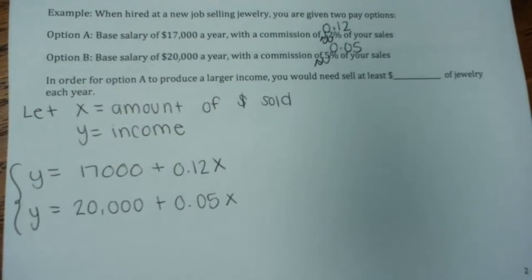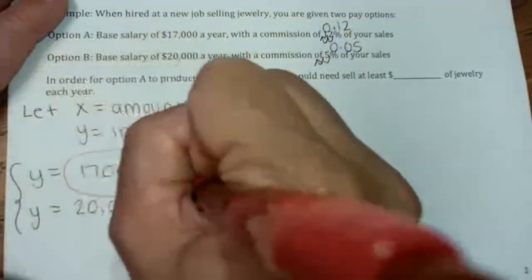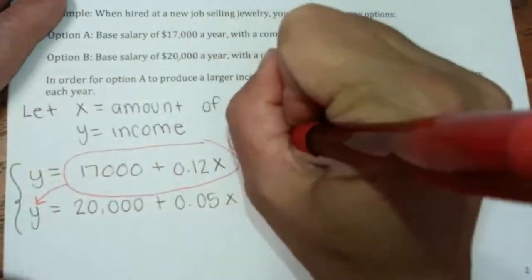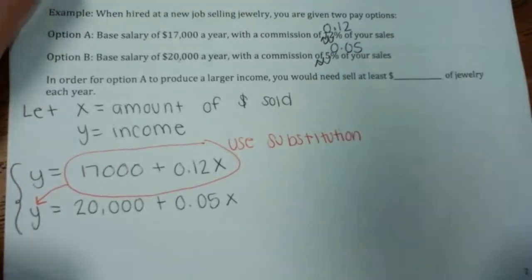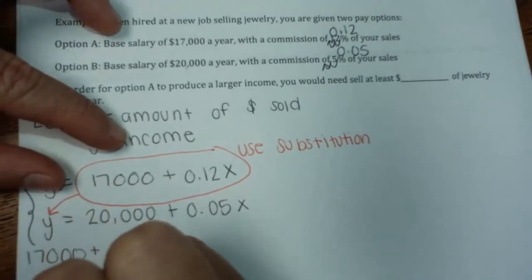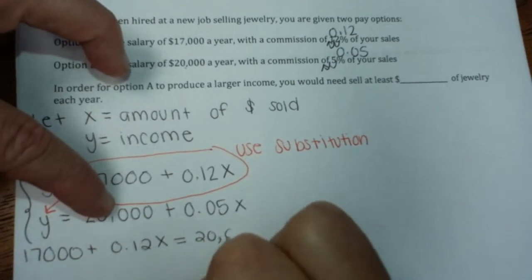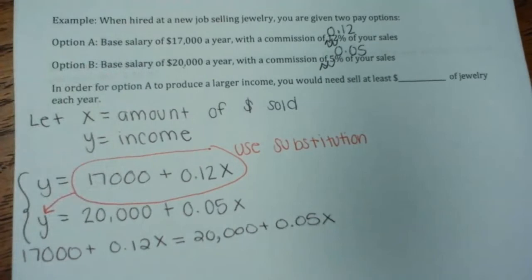So again, because we have Y equals, let's use substitution. So let's plug 17,000 plus 0.12x in for Y. All right, so 17,000 plus 0.12x equals 20,000 plus 0.05x.